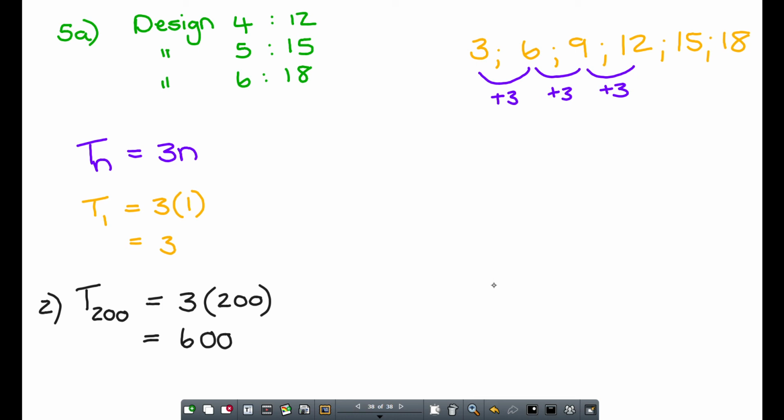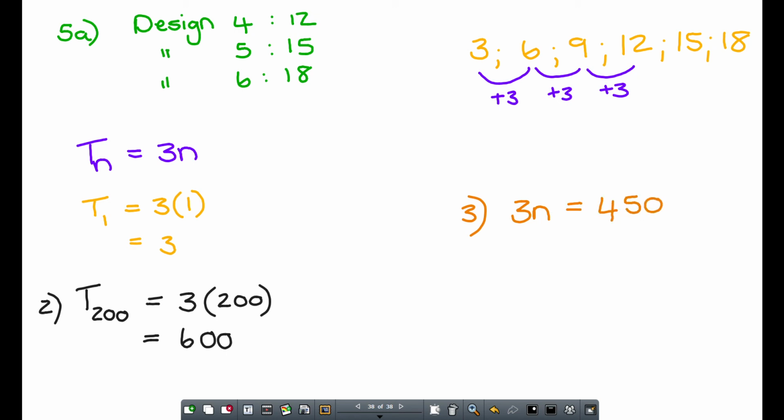Okay, then at number 3, they're asking me, which design will have 450 hexagons? So they're actually giving me the answer. They want to know n. So I'm going to say 3n is equal to 450.